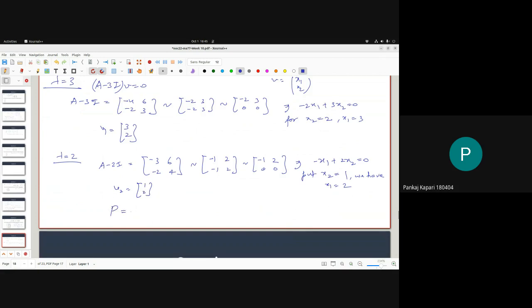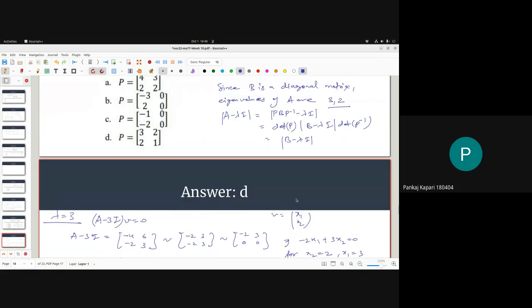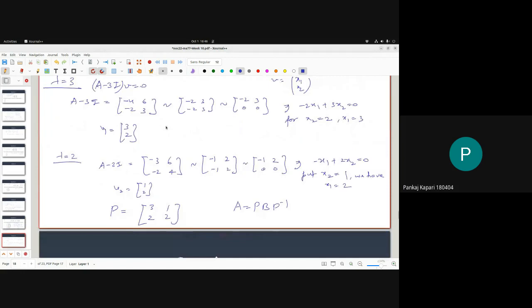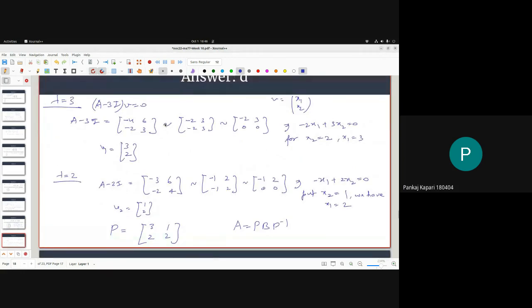So the matrix P must be the first vector 3, 2, and the second vector 2, 1. For this matrix, A is equal to P times B into P inverse. This can be checked. So this is our correct answer. Option D is correct: 3, 2 and 2, 1. Okay, any questions?